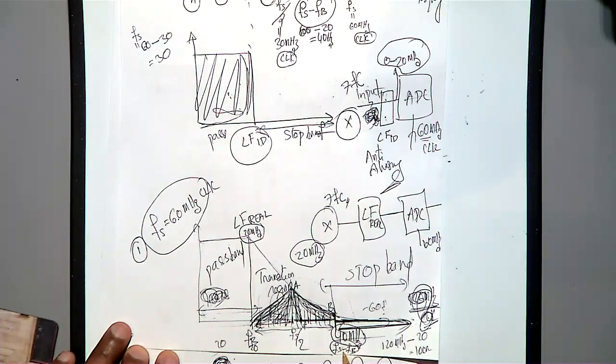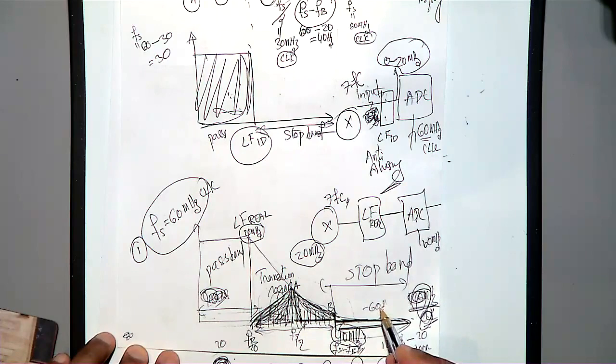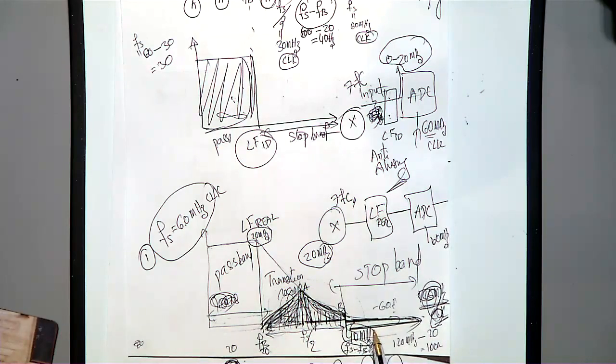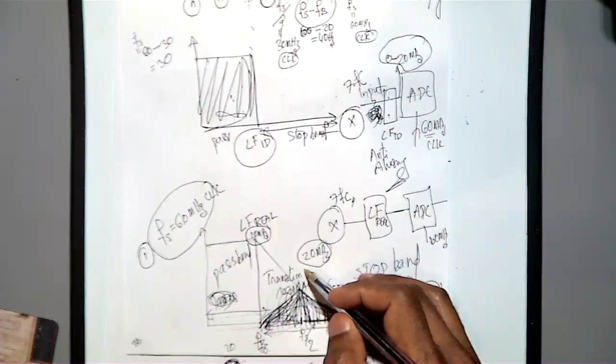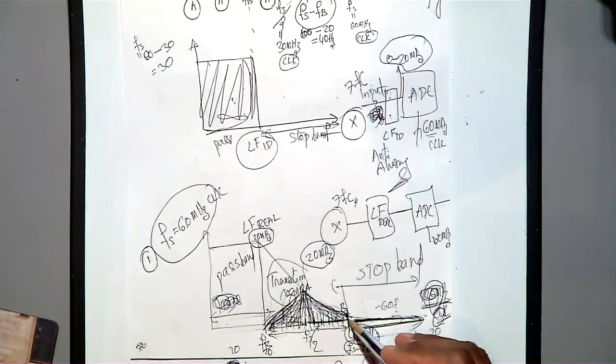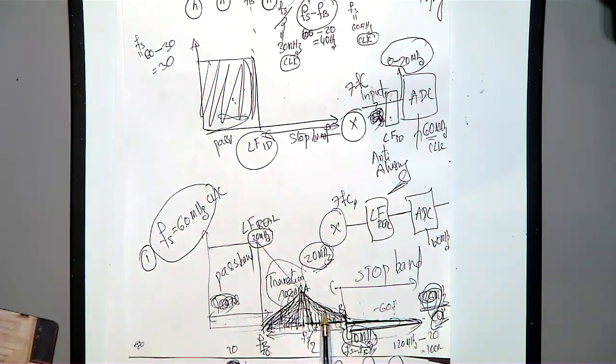So your Fs minus Fb equals 40 megahertz. This is 20 megahertz, this is 40 megahertz. To fulfill this requirement, the transition region has to come down to this much attenuation within 20 megahertz. See, from 20 megahertz you need a sharp transition.